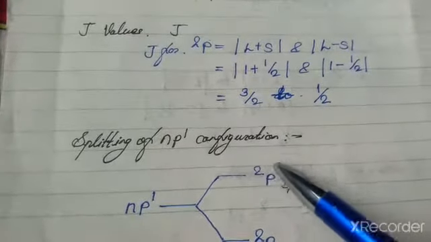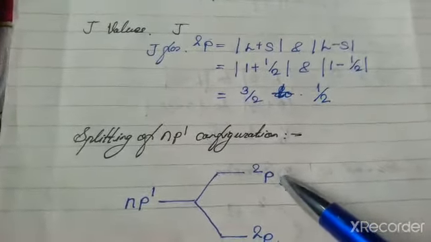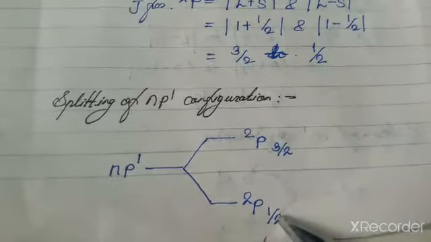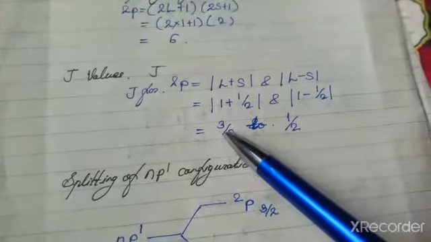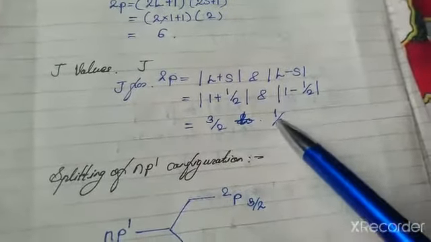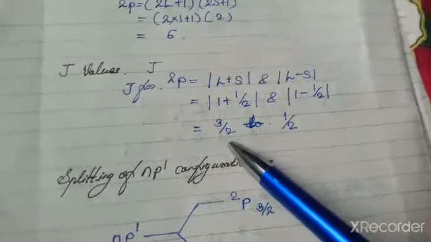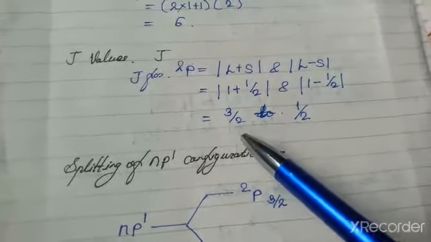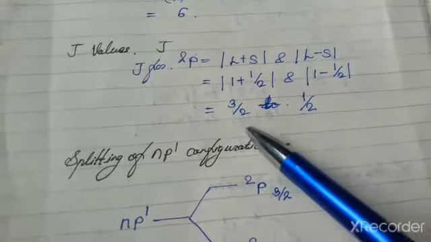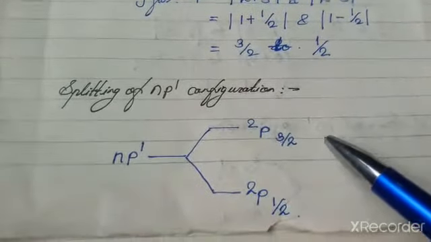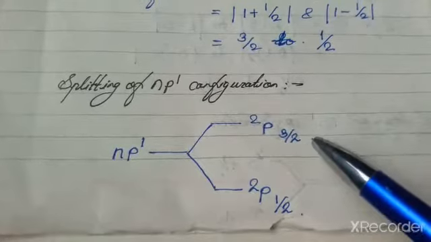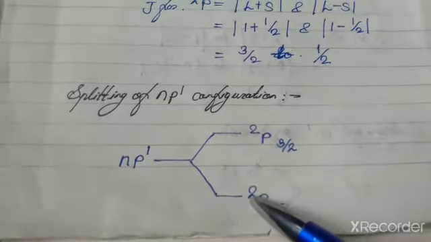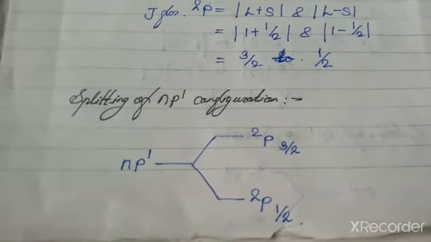So it is doublet P with J value 3 by 2 and doublet P with J value 1 by 2. When it is less than half filled, it is 1 by 2, and when the orbital is more than half filled, the J value must be 3 by 2. So here is the splitting pattern of the np1 configuration: doublet P 3 by 2 and doublet P 1 by 2. Okay, thank you.